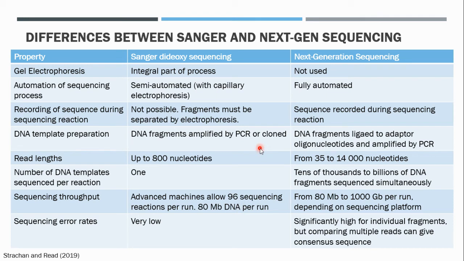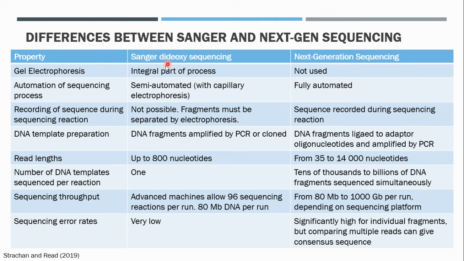Now let's look at the table which compares some of the differences between Sanger sequencing and next generation sequencing. In terms of electrophoresis, gel electrophoresis or capillary electrophoresis are an integral part of Sanger sequencing.